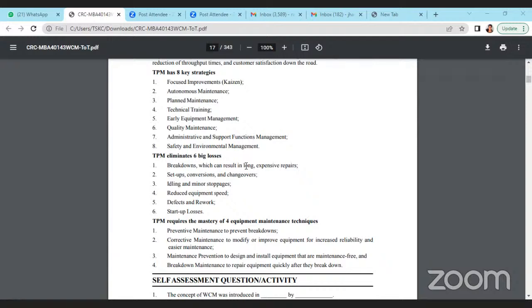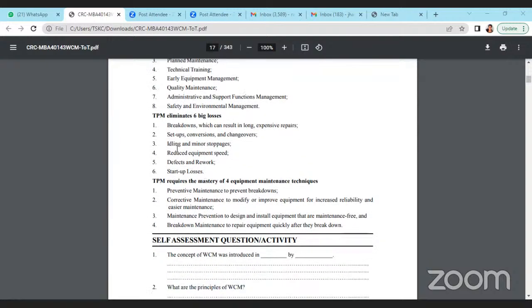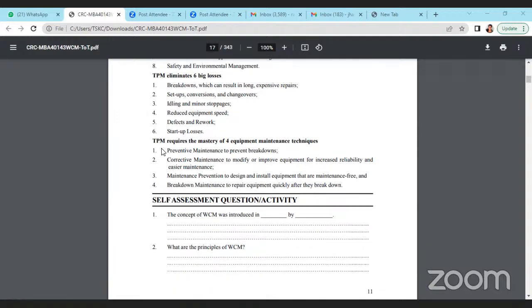If any breakdown takes place, it's going to be long, which can result in very great loss, or many repairs may take place, which is too expensive. And setups, conversions, and changeovers. Minor stoppages, reduced equipment speed, defects and rework, and startup losses. So these can be eliminated if you follow these 8 key strategies in total productive maintenance.